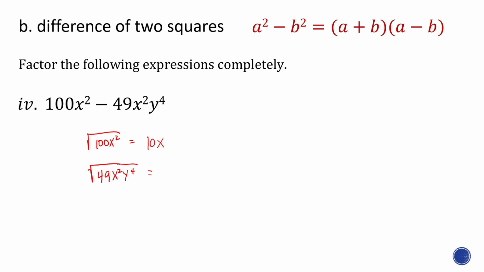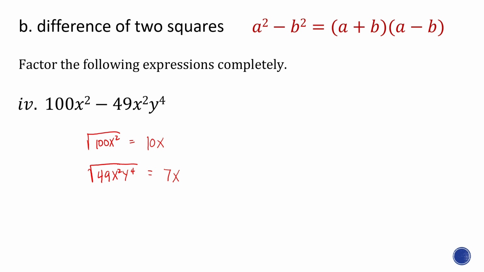Let's consider first 49. What is the square root of 49? Yep, that is right. It's 7. Why? Because 7 times 7 equals 49. What is the square root of x squared? That is x. Y raised to 4. Now that's an exponent that is greater than 2, but 4 is an even number. So keep in mind that if we have a literal coefficient and its exponent is even, we can consider that a perfect square literal coefficient.